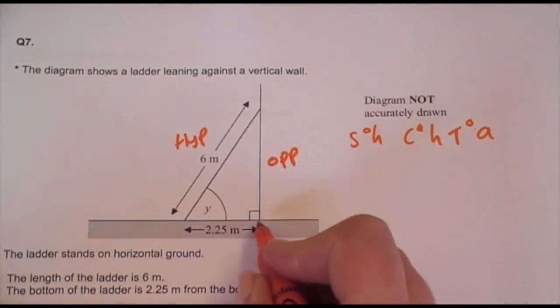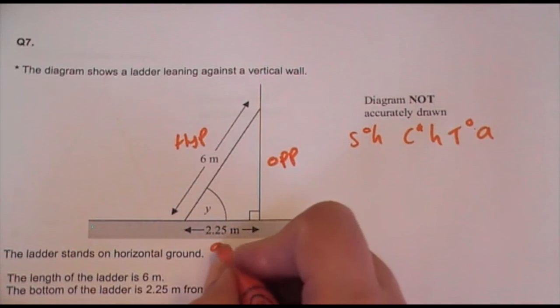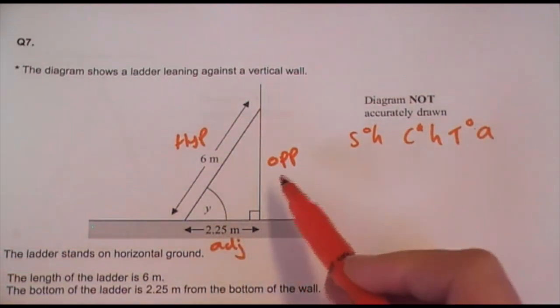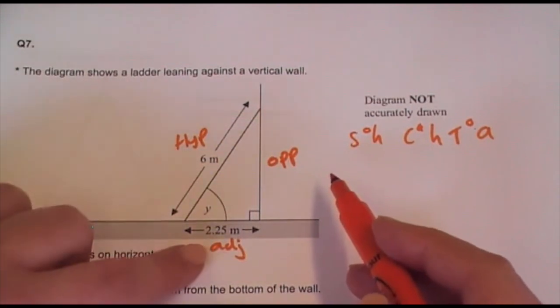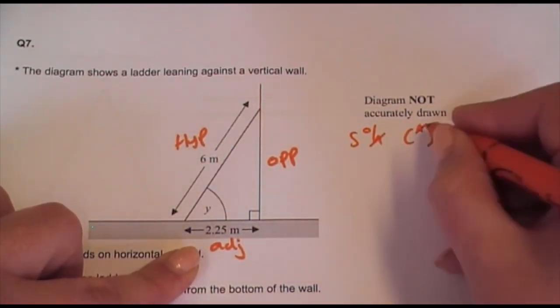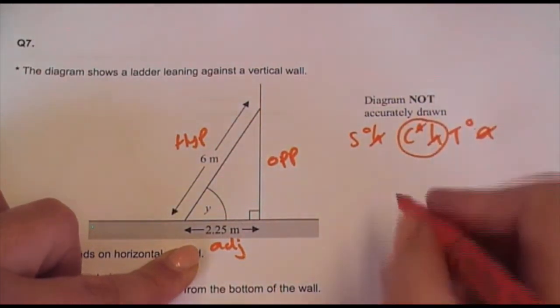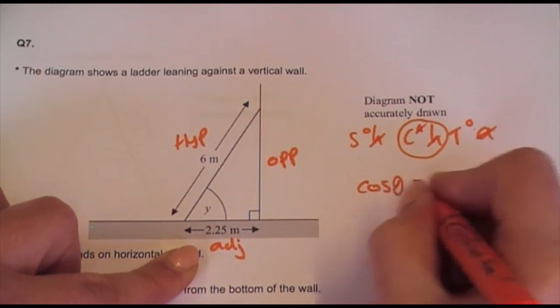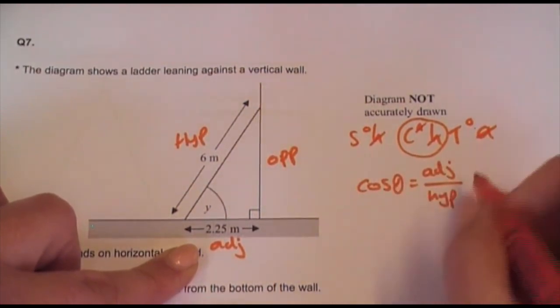And then that's the side that runs alongside the theta angle and my right angle. So that's my adjacent. I can see I'm not using the opposite there. I am using the hypotenuse and I am using the adjacent. So I can cross off all the H's and A's, and that tells me that it's CAH I need to use, which is cos of theta equals adjacent over hypotenuse.